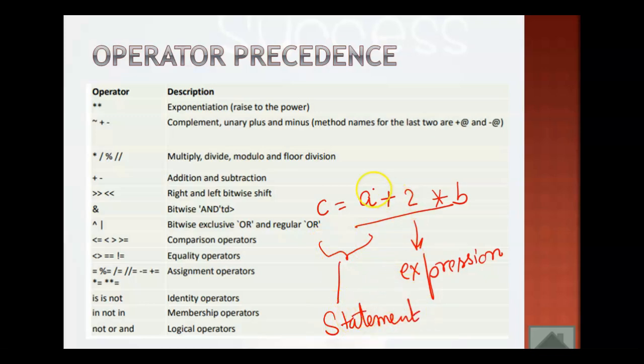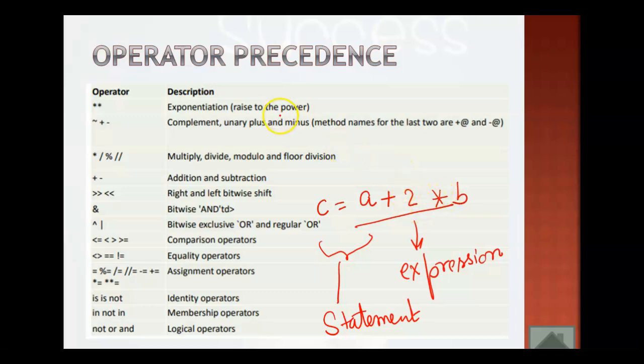Now the point is, what is the use of operator precedence? Precedence is like which operator will work first. If you can see, in an expression sometimes you have multiple operators, right? In this example only, we have the plus operator and we have the multiply operator. Now the point is which part of this expression will execute first, the one with the plus operator or the multiply operator.